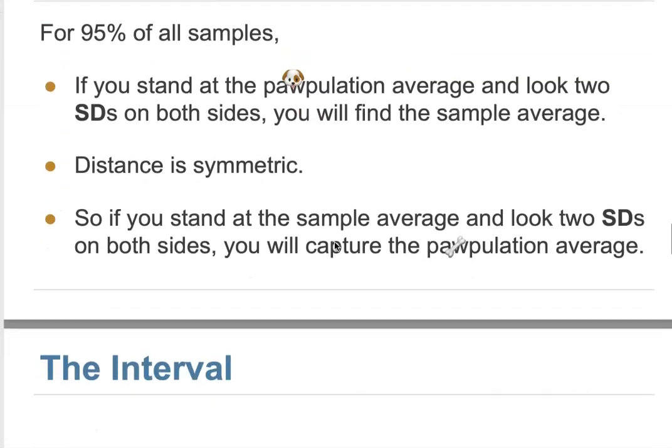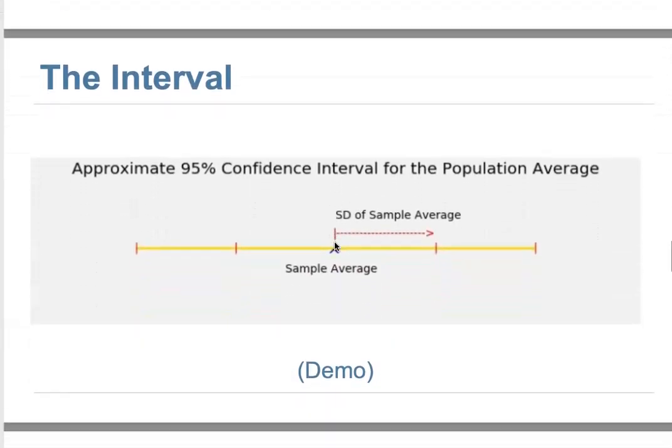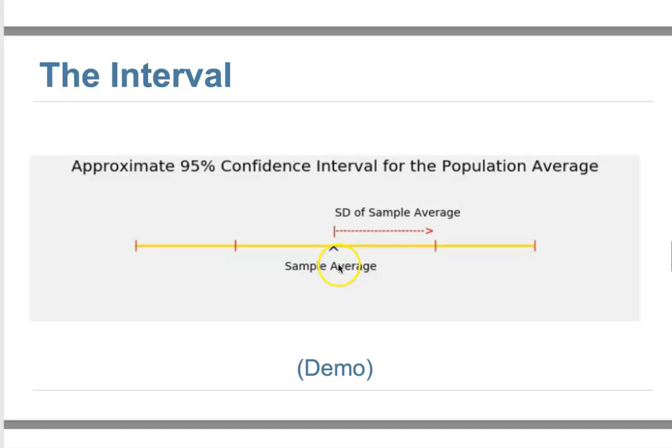So what we do now is, after we get a sample average, we use the sample size and the standard deviation of the sample to construct the standard deviation of the sample average. Within 2 standard deviations of that, this range will have 95% confidence of covering the population average.